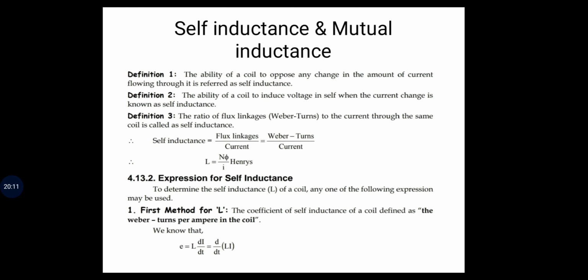So finally, the definition for self-inductance is the ability of a coil to oppose any change in the amount of current flowing through it is referred to as self-inductance.